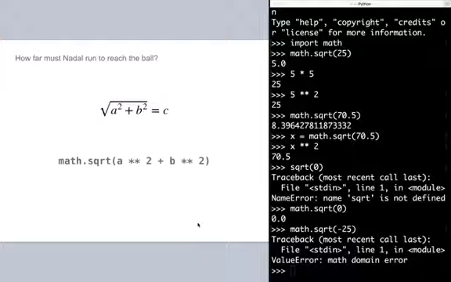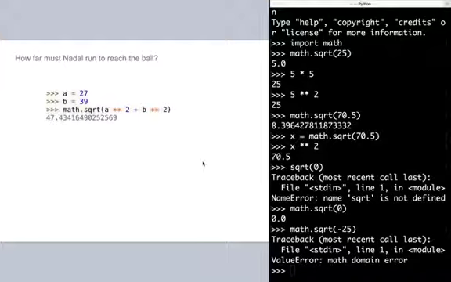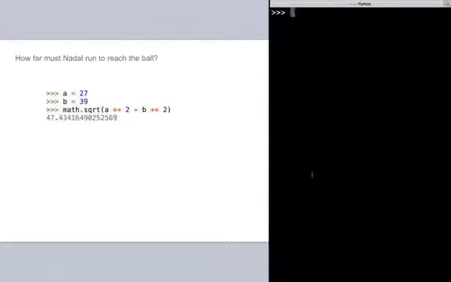So here we have the square root of a squared plus b squared equals c, and we translate that into our Python code: math.sqrt of a squared plus b squared. Let's plug in those values. a equals 27 and b equals 39.